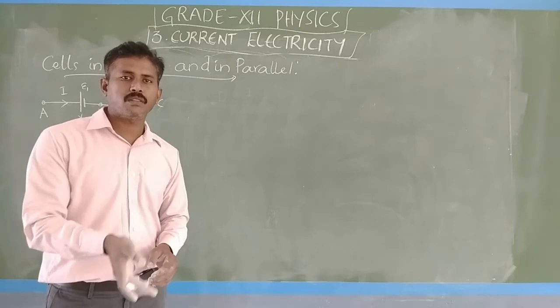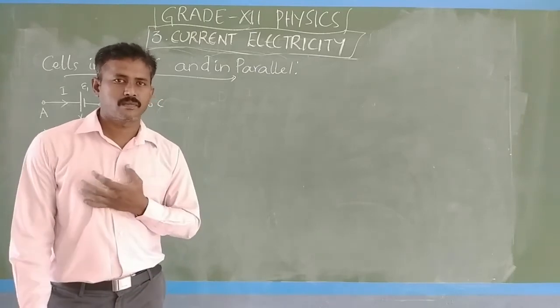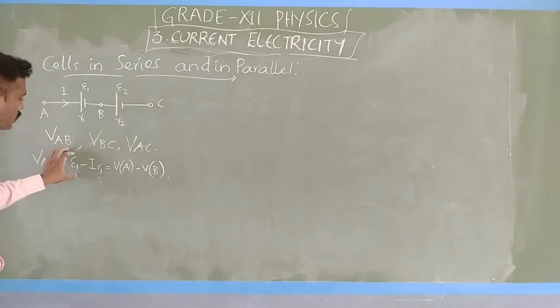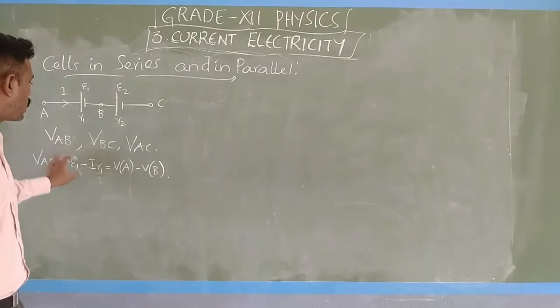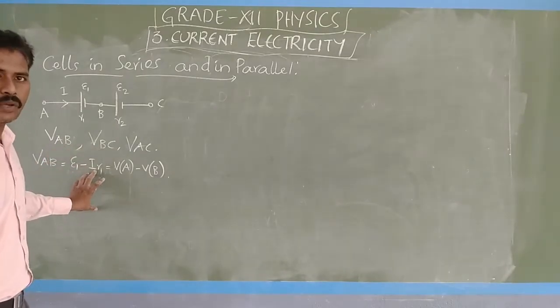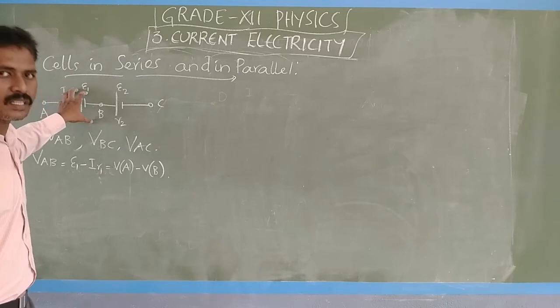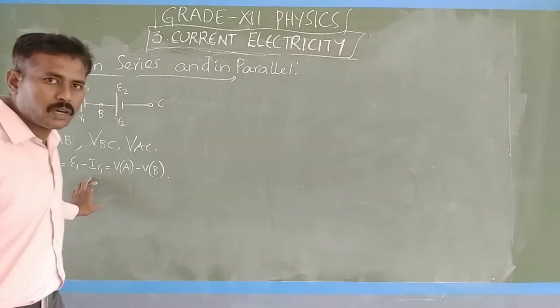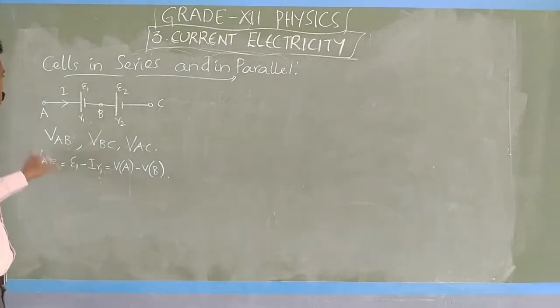So only beyond that quantity you will be getting. So if the source voltage is E1, the drop in the source itself is IR1. R1 is the internal resistance of this cell. Clear? So E1 minus IR1 is VAB.